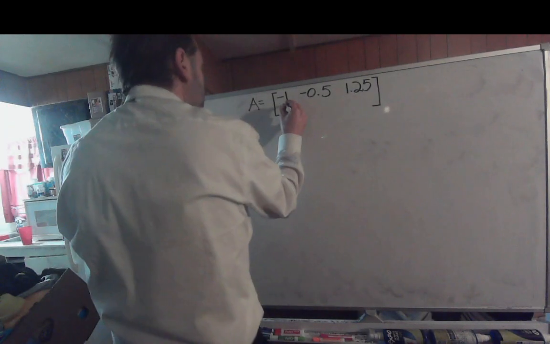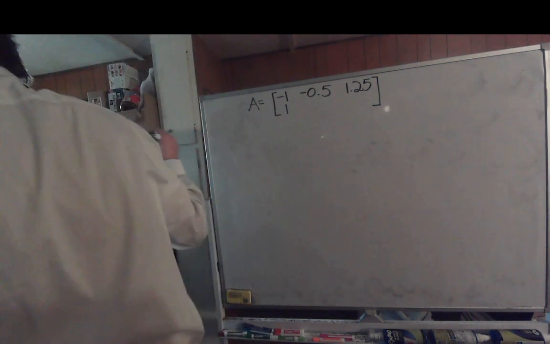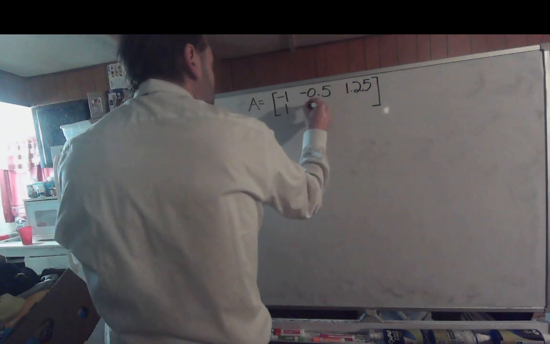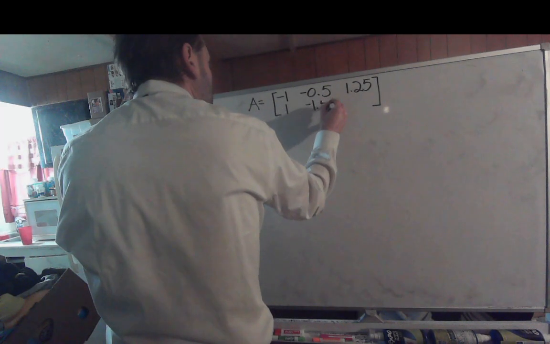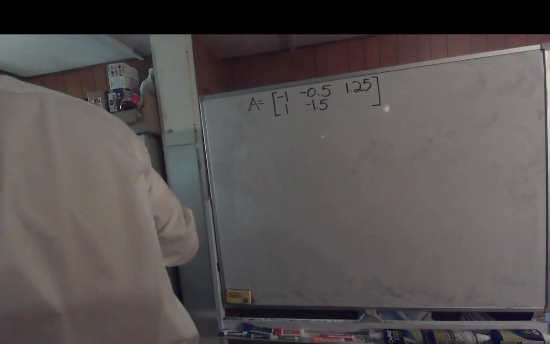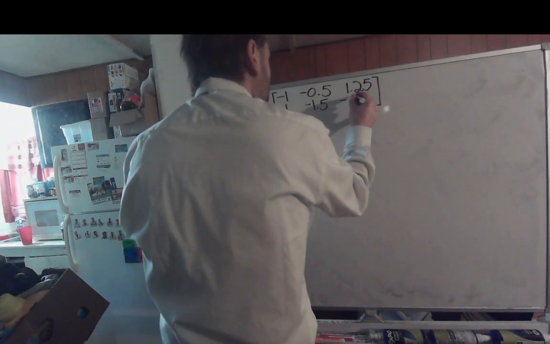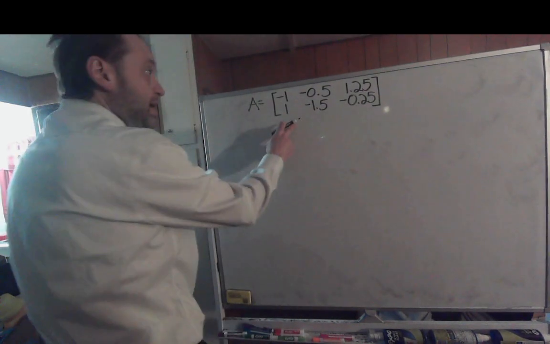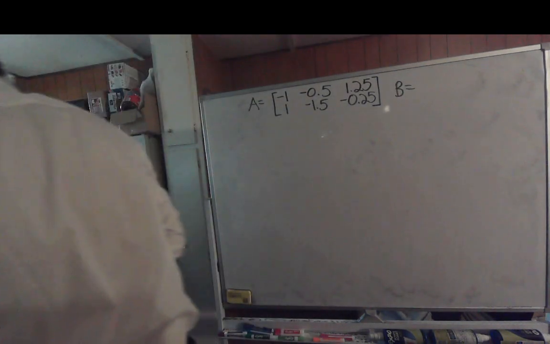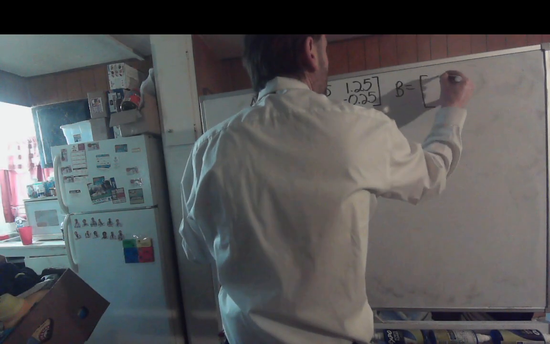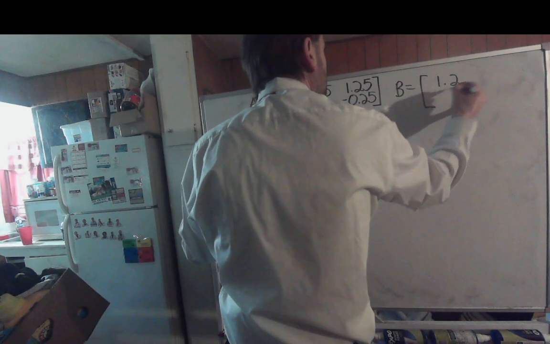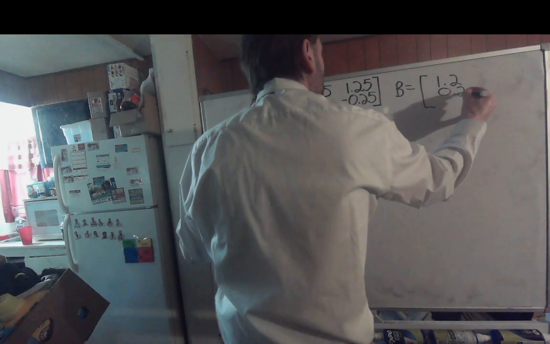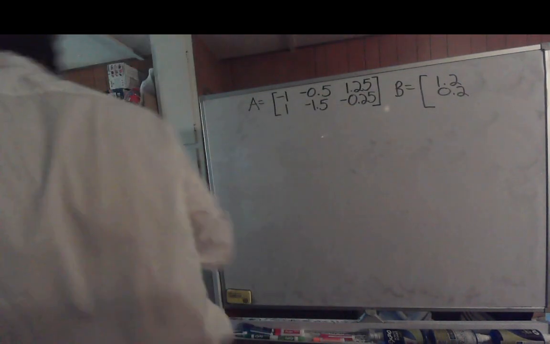Then you'll have 1, negative 1.5, negative 0.25. So there's the entries for matrix A. Now what about matrix B? What are the entries for that? You just get 1.2, 0.2, and 0.